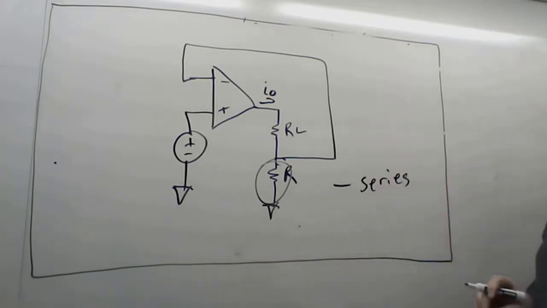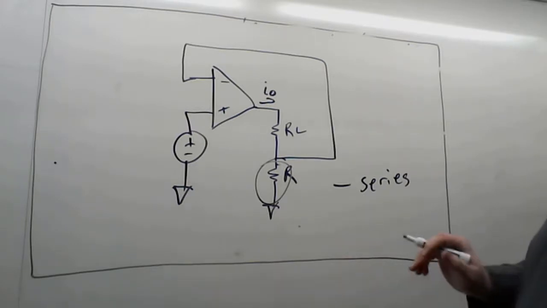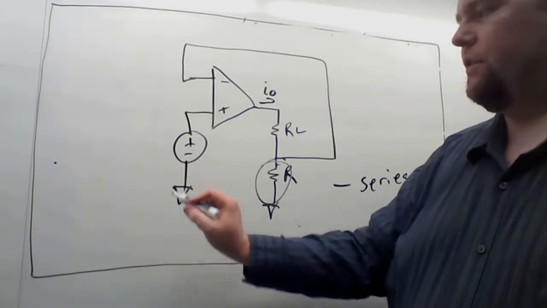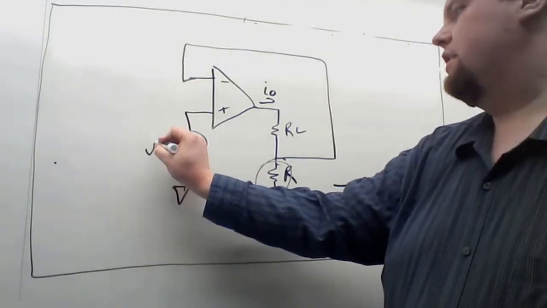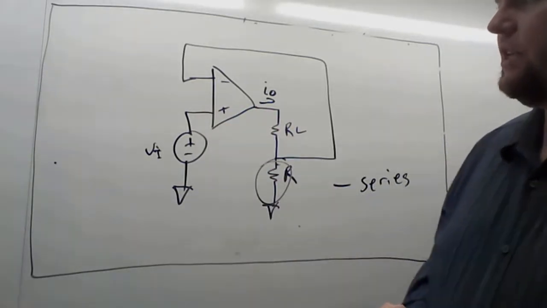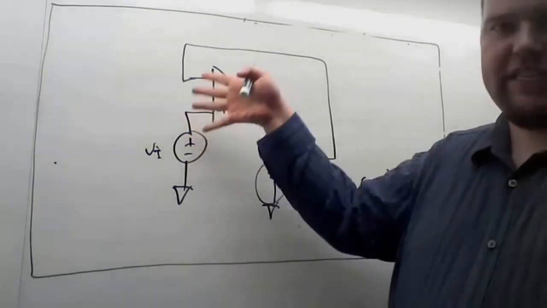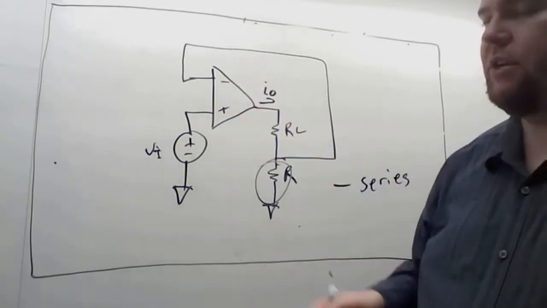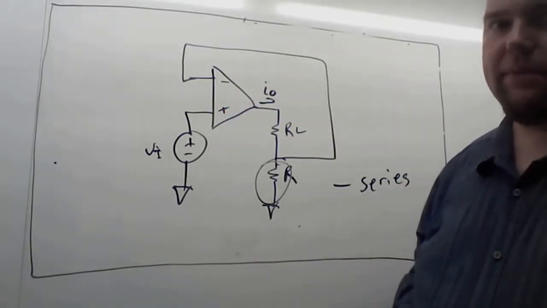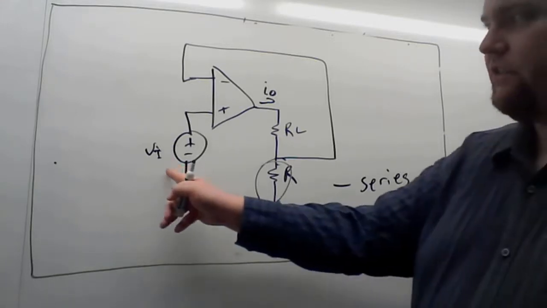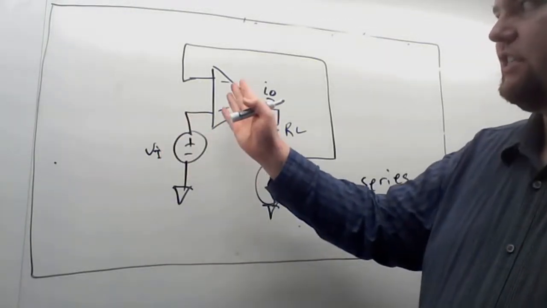And now the question is, what's our input? In this case, we have an input, which is a voltage, which should be a clue. That voltage is connected to the positive terminal. Now the question is, does increasing and decreasing this input voltage change the voltage at the terminals of this op-amp? It does change the voltage at the terminals of this op-amp. So if we increase this voltage, the voltage at this terminal will go up.